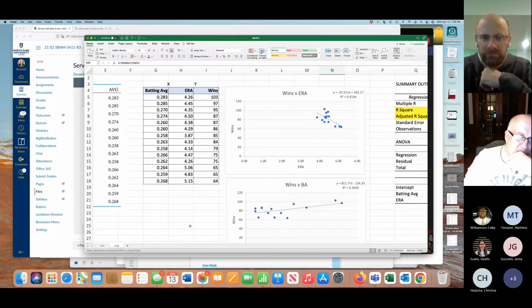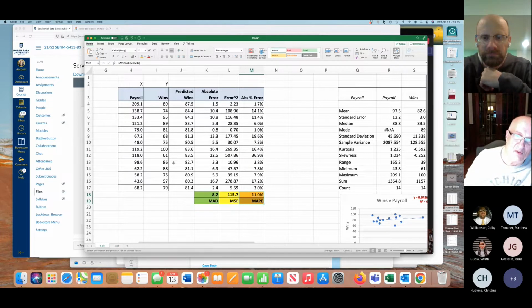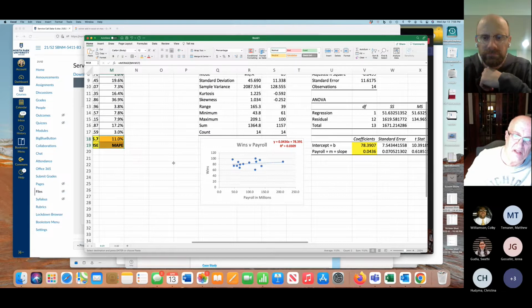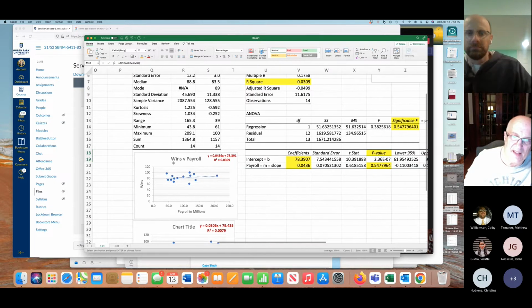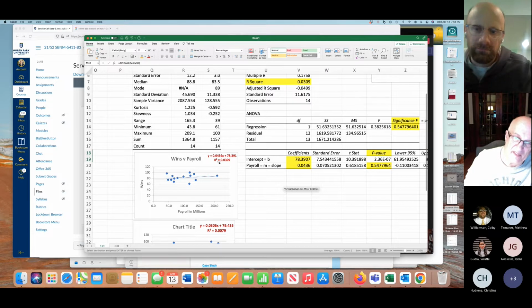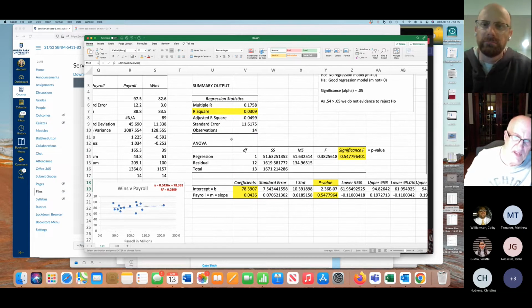And we've seen here 2 examples. Here's one where, gee whiz, it doesn't look like payroll really helps to predict the number of wins. It doesn't look compelling on the shape of the graph, the R squared, or the regression analysis of variance.